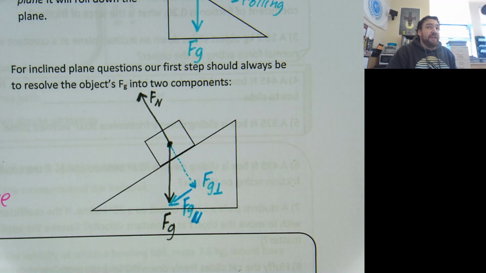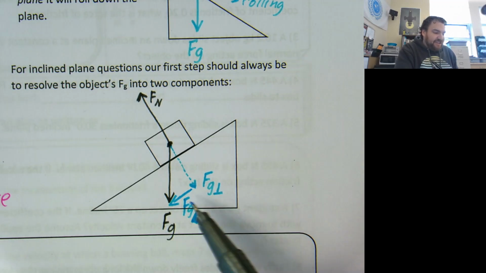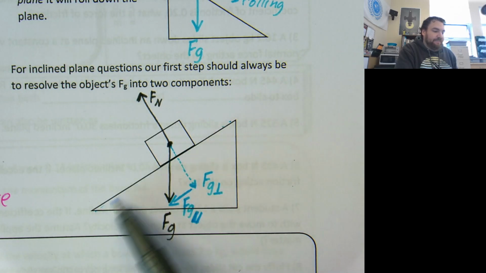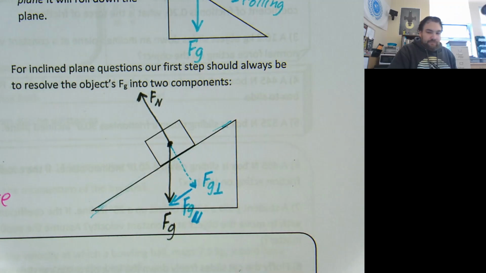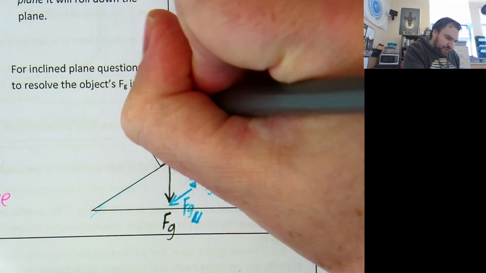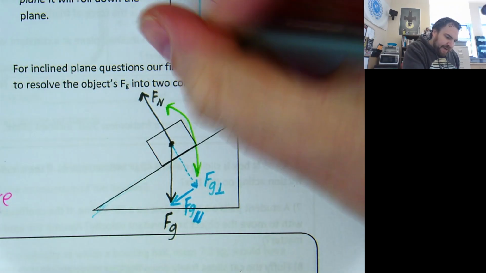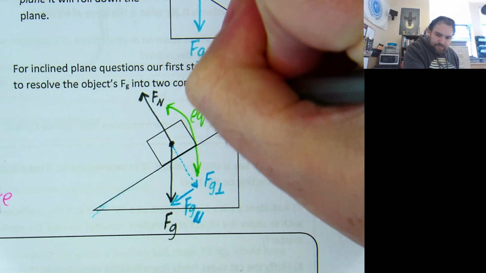That means Fg parallel. And this thing is always going to be parallel to this incline here. So label some of what I've said. Fn and Fg perpendicular have to be equal.